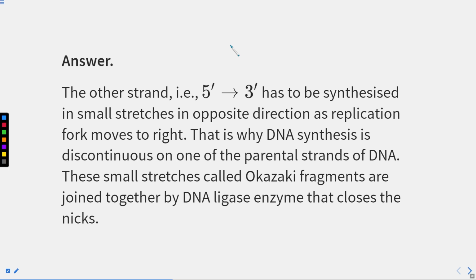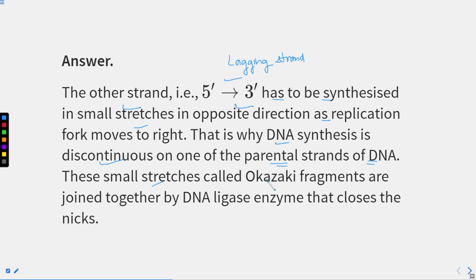The other strand, which is in 5' to 3' direction, we were calling the lagging strand. This has to synthesize in small stretches in the opposite direction as the replication fork moves to the right. That is why DNA synthesis is discontinuous on one of the parental strands of the DNA.